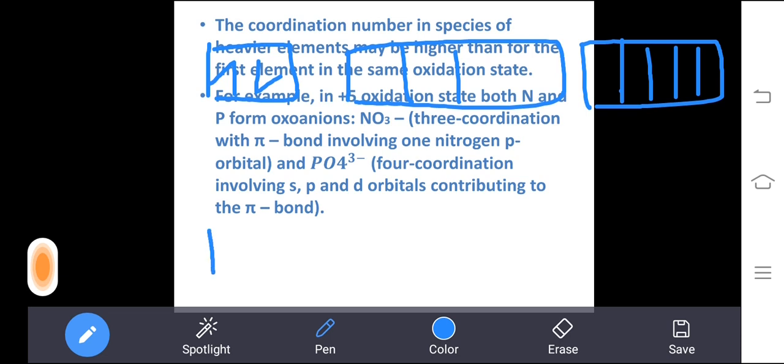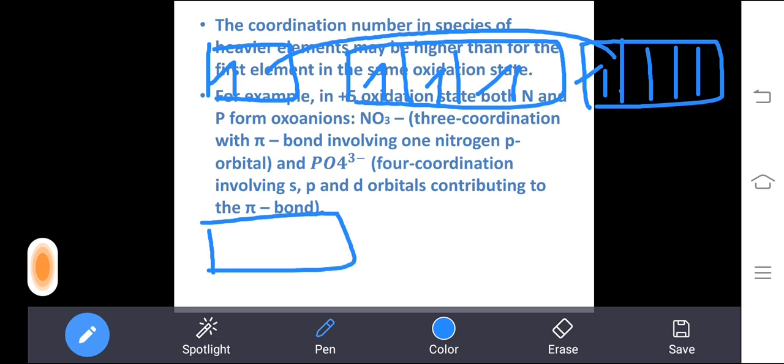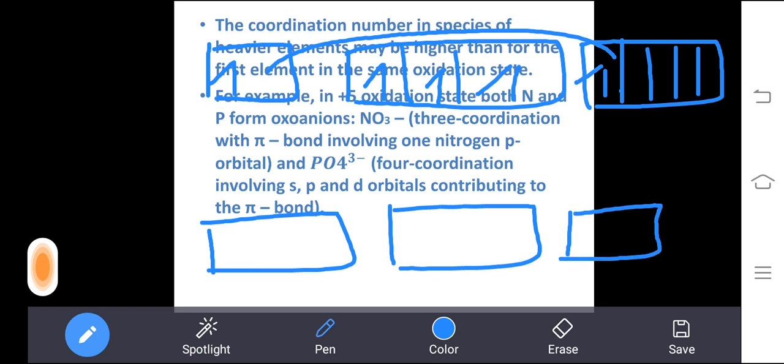In the excited state, one of the electrons will go to the d orbital. Then when it makes a bond with the 4 oxygens, the same process continues, and here the coordination involves s, p as well as d.